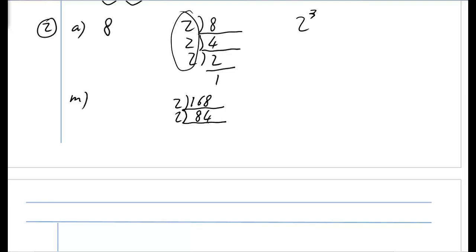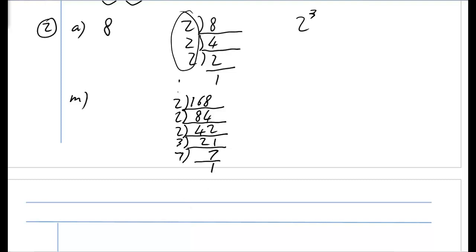So 2 goes into 84 42 times. 2 will also go into 42, and 2 into 42 gives you 21. Now 21, what will go into 21? 3 goes into 21. So 3 goes into 21 7 times. Now 7 is a prime number, so 7 will go into 7 and leave 1.